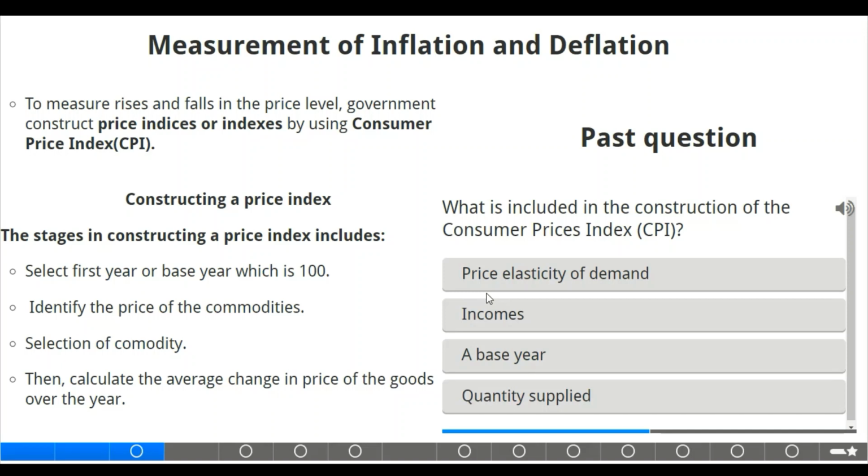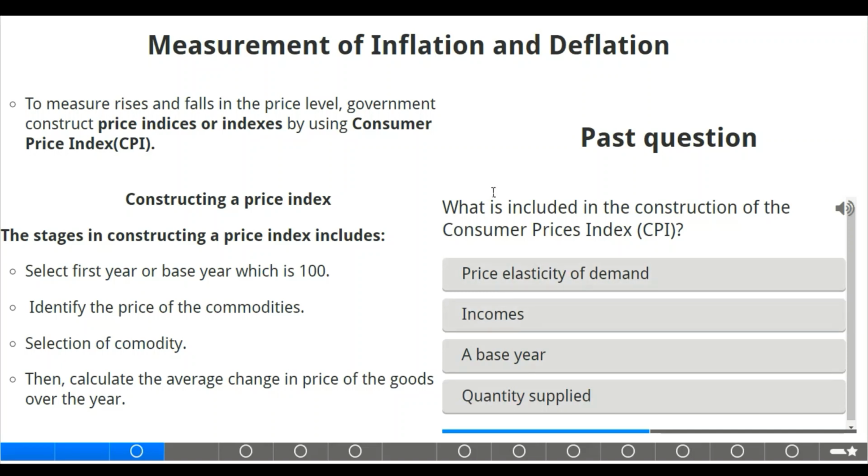The first is to select a base year, which is usually 100. The second is to identify the price of the commodity, that is the value given for the commodity, and also select the commodity itself. Then we calculate the average change in price of the commodity over the year, that is the average change in the price of goods and services.